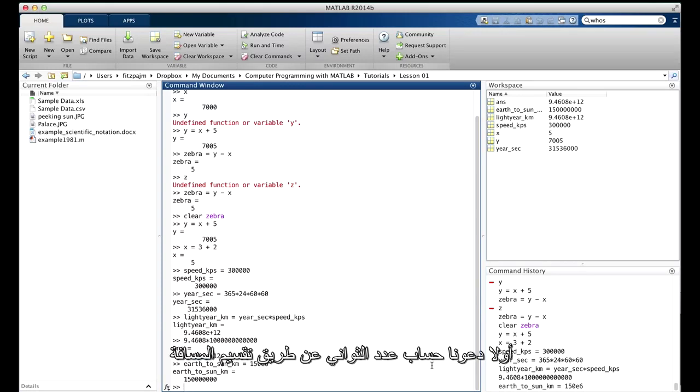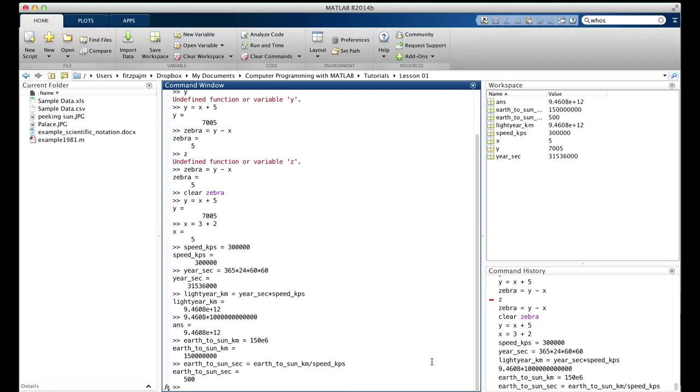First, let's calculate the number of seconds by dividing the distance in kilometers by the speed in kilometers per second, like this. There, it looks like it takes 500 seconds.